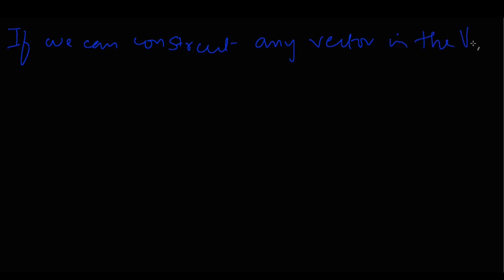If we can construct any vector in the vector space using u and v, this implies u and v are linearly independent.